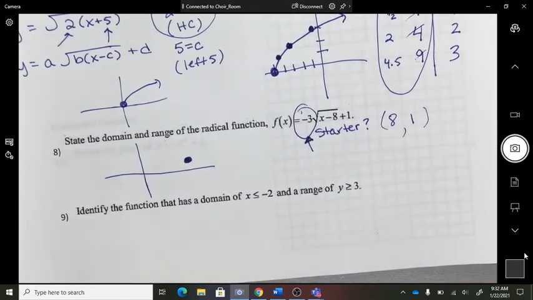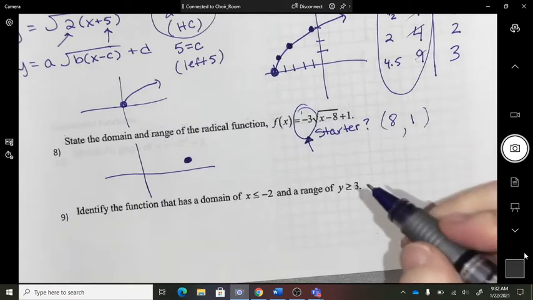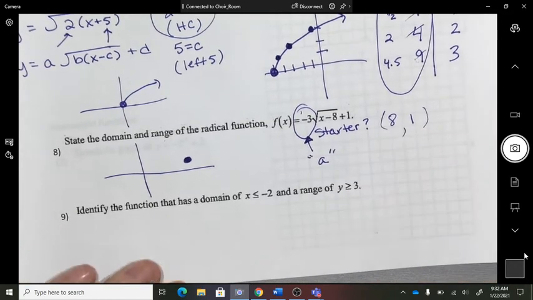Okay, now let's think about what that -3 does. What letter do you connect it with transformations? It's an A value, right? An A transformation. So are we affecting our overs or our ups?